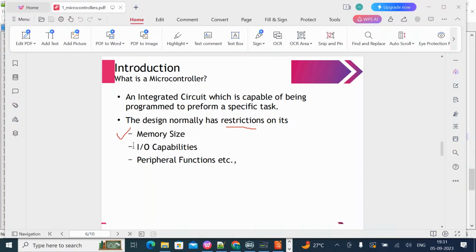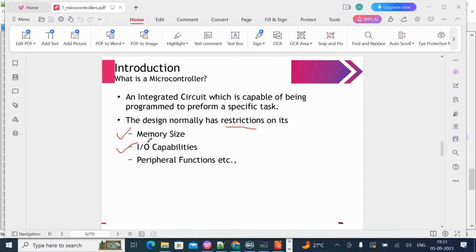Then IO capabilities. IO capability means input output capability. For different microcontrollers, the IO capabilities depend totally upon how many lines it has. A few microcontrollers are 40 pins, a few are 20 pins, and based on the number of lines, IO capabilities will vary.